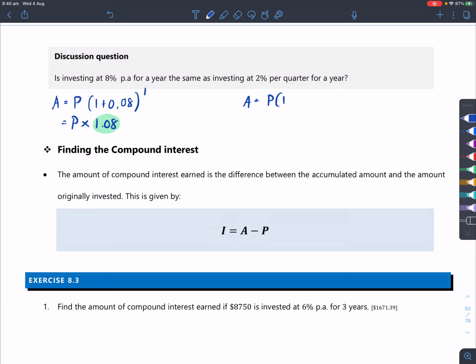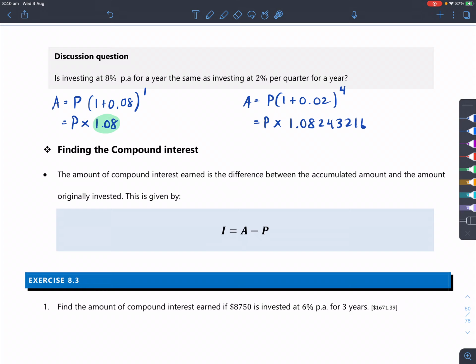Now, if I do the same thing to this condition, what will be that multiplier? That interest factor. 1 plus 0.02 this time for the quarter. Now, how many quarters are there in a year? There will be 4. So if I then do 1.02 to the power 4 on my calculator, I will get P times 1.08243216.